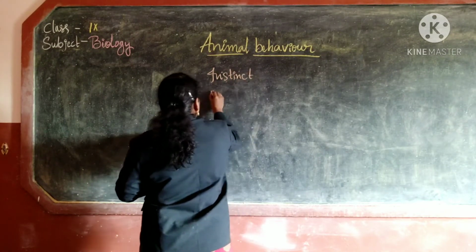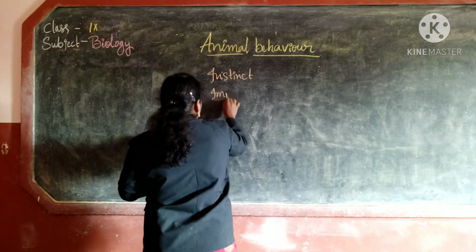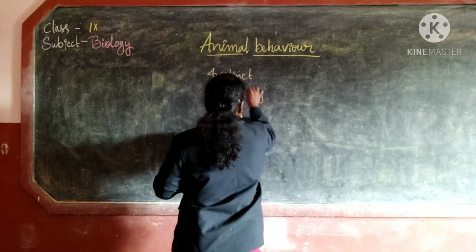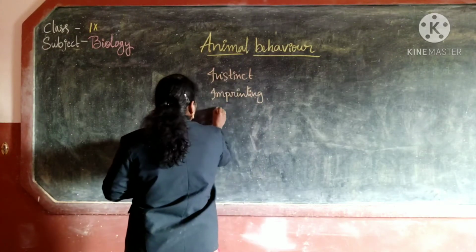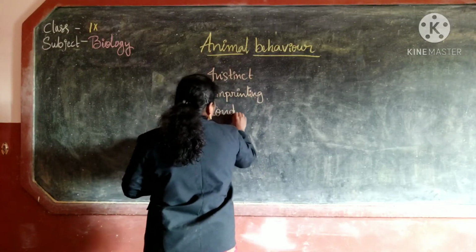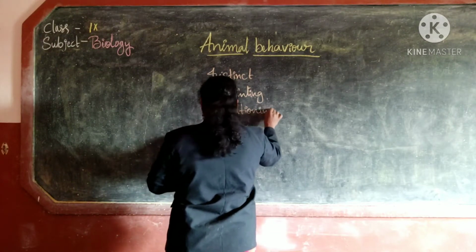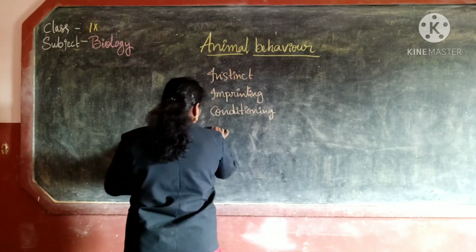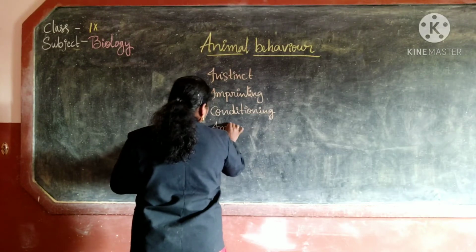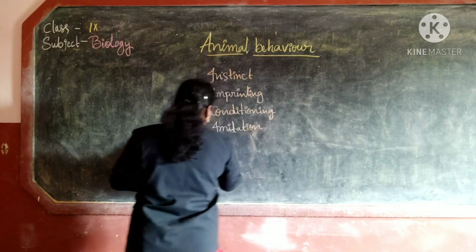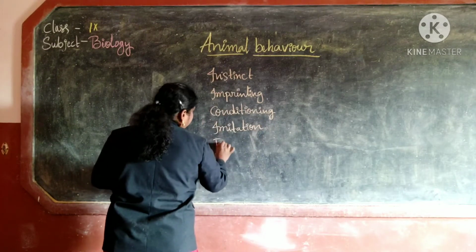Next one is imprinting behavior. Next one is conditioning behavior. Next one is imitation behavior. Next one is tagging behavior.